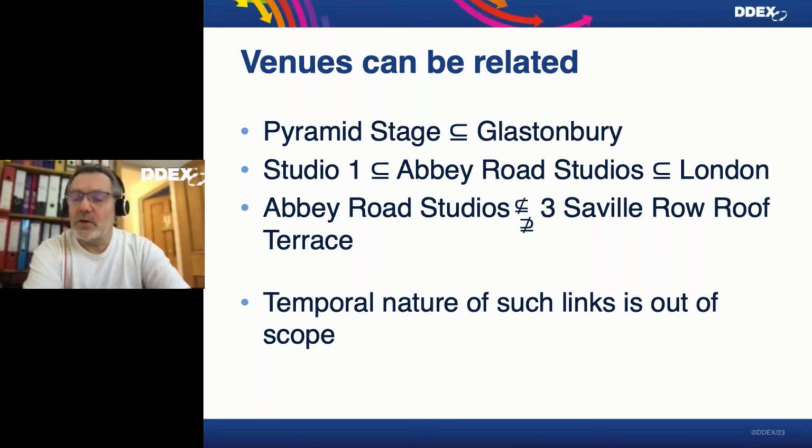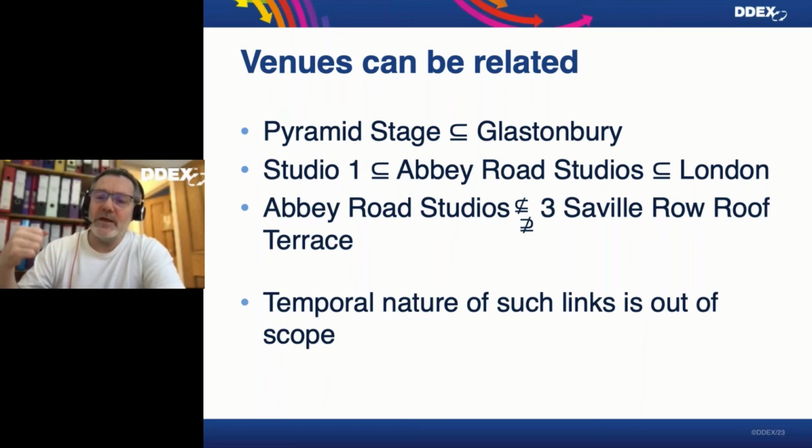But just because one band was very active in two different locations, such as the Abbey Road Studios or the Roof Terrace at number 3 Savile Row, that doesn't mean that these two venues are actually related to one another. So we don't really care about who was active at a venue. We only care about the direct relationships between those venues, whether one is part of the other, whether something is co-located, those things, yes, but not just because you have the same people occurring at two different venues.